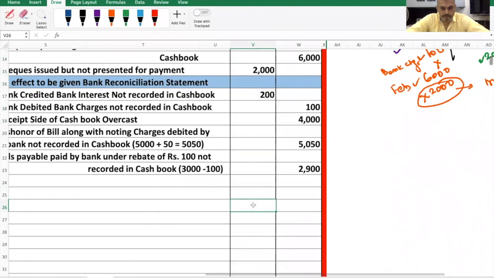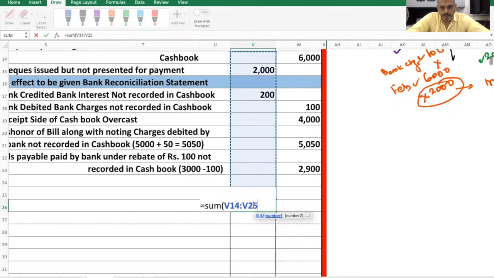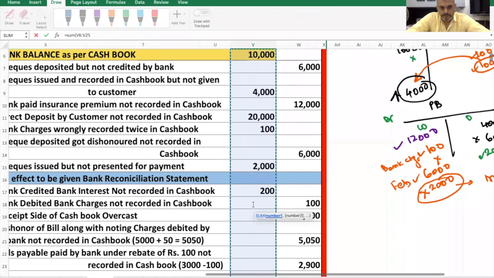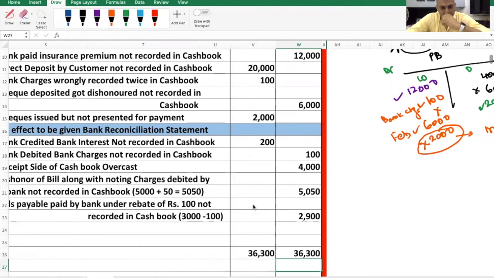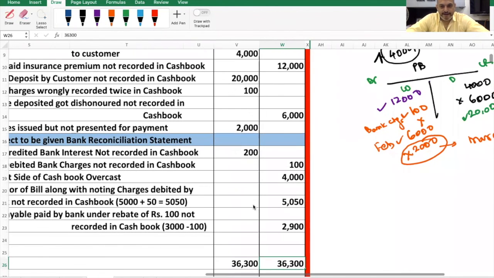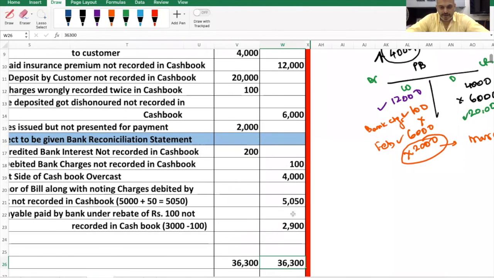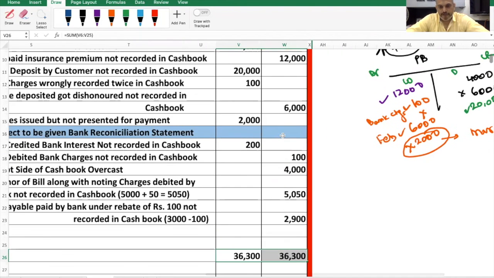So debit side total first 36,300. Same total we write on the credit side, 36,300, but we know that credit side is less. So from 36,300 we have to subtract all these amounts on the credit side.